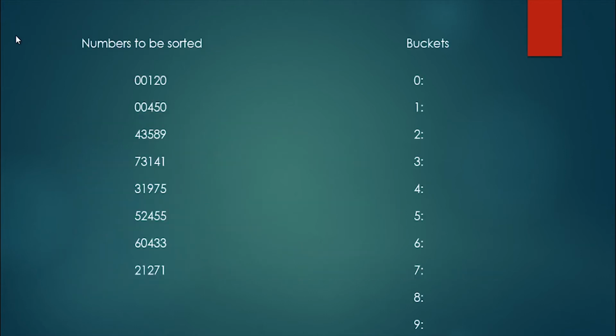So let's see the LSD Radix sort algorithm. We have numbers to be sorted, and we have buckets. It's kind of a bucket sort. The buckets represent 0, 1, 2, 3, 4 and so on up to 9. We start from the least significant digit, and we keep putting these numbers into the given buckets.